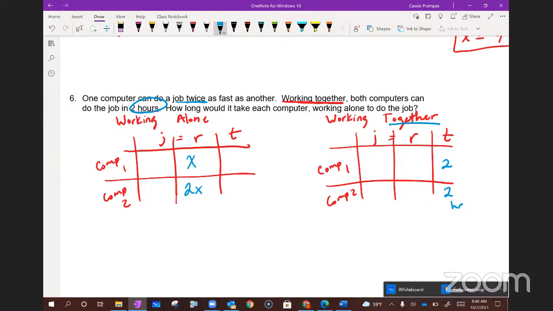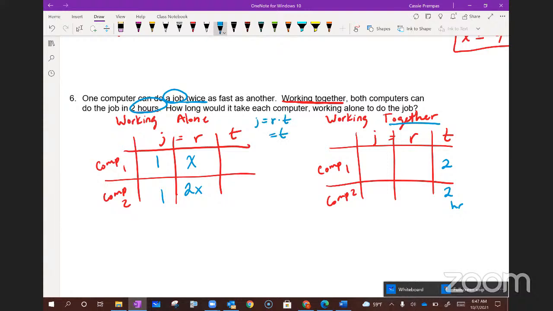Now they're doing a job, so that's one job and one job. Did it tell me how long computer 1 would take to do one job alone? No, that's what I'm solving for. How long will it take the computer to do one job alone? So I know that if I'm using the 2 columns, job equals rate times time.